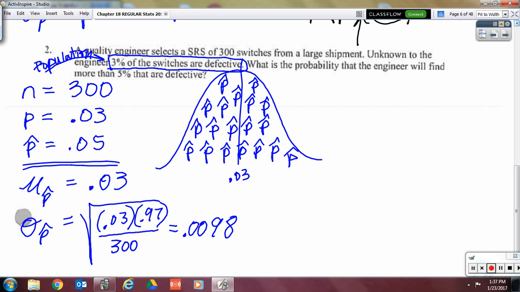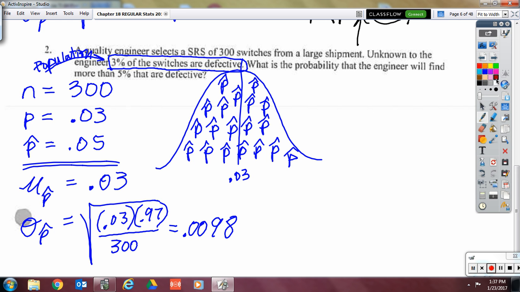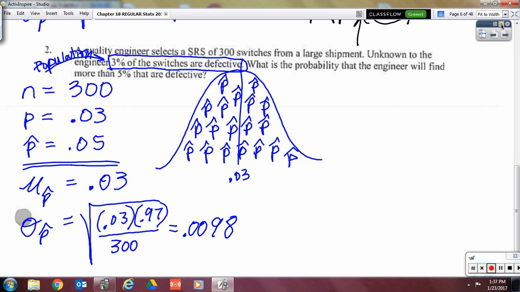Sampling variability happens because you got different data than me. All right. So what does this problem want to know about? What's the probability that you find which samples? It wants to know more than 5%.